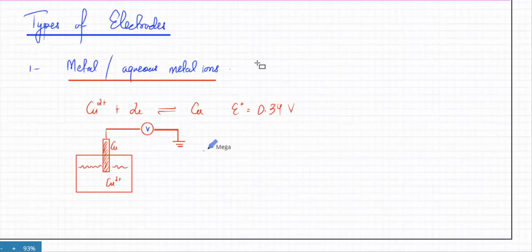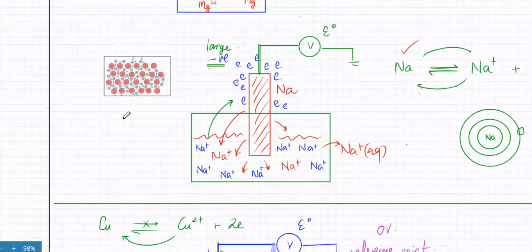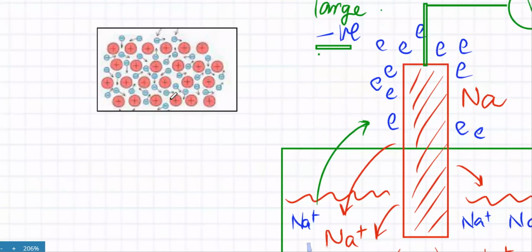But then you obviously have other electrodes that don't have a metal. If you don't have a metal, then there is no electrode. You need a place, a delocalized electron cloud, where charge can build up or it can become electron deficient.